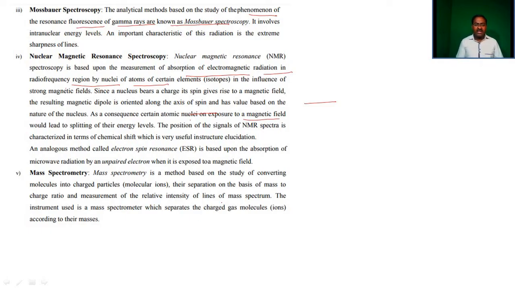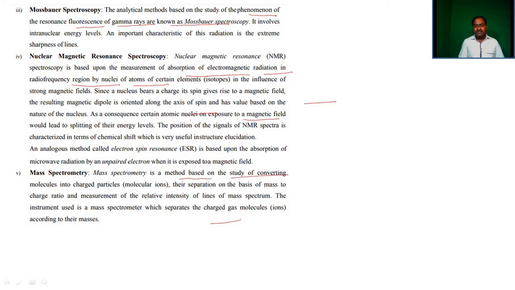The analogous method is also called ESR, electron spin resonance. It is based upon the absorption of microwave radiation by an unpaired electron when it is exposed to a magnetic field. Finally, mass spectroscopy.